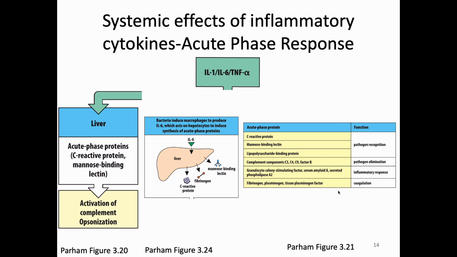You say to the liver, hey, can you make me some more complement proteins in case I need to do more complement activation? So again, even though I can separate that the cells do this and the proteins do this, you can see ways that they are interlinked. And there are a number of other proteins that are getting made here by the liver. So we have this acute phase response.